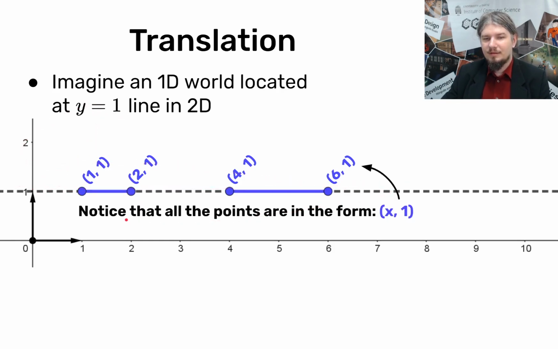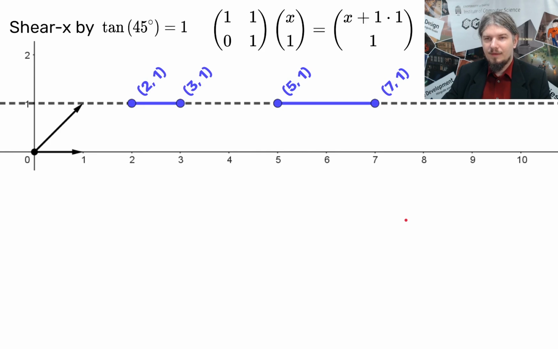And notice that all these points in 2D have coordinates where the second value is 1. So (1, 1), (2, 1), (4, 1), (6, 1), and whatever point you have on this line, its second coordinate is 1. Now, something interesting happens when we do a shear operation, shear x, on this space.